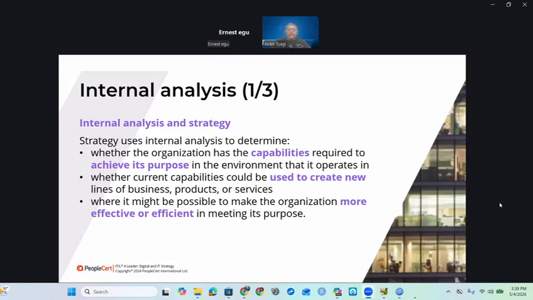Whether the current capabilities could be used to create new lines of business, products, or services. Then whether it might be possible to make the organization more effective or efficient in meeting its purpose. So of course, we need to look at the internal factors as well, and perform an internal analysis so that we can be successful.